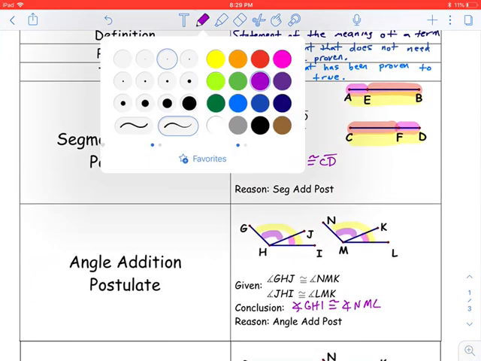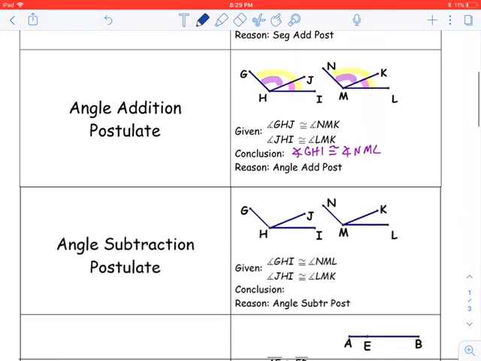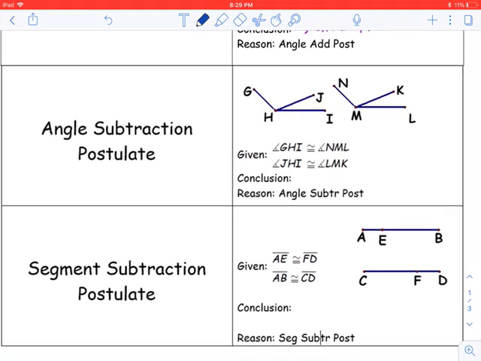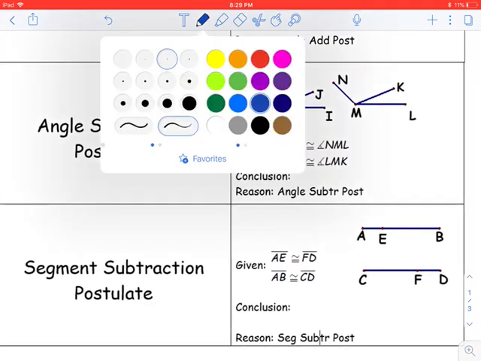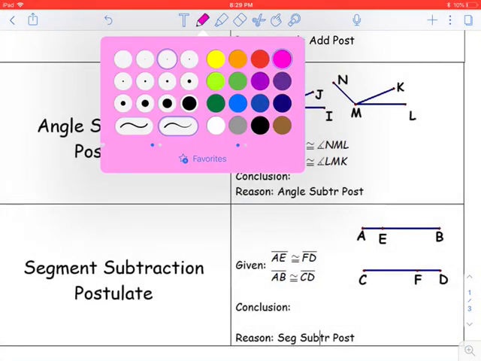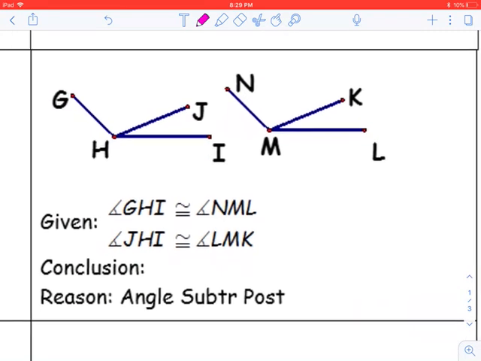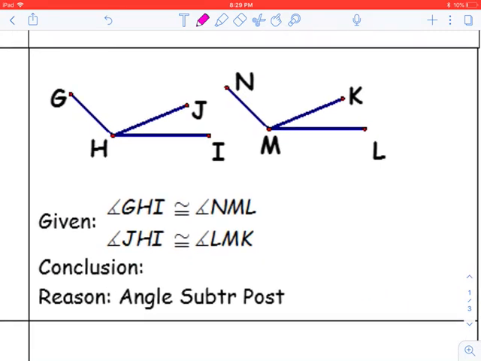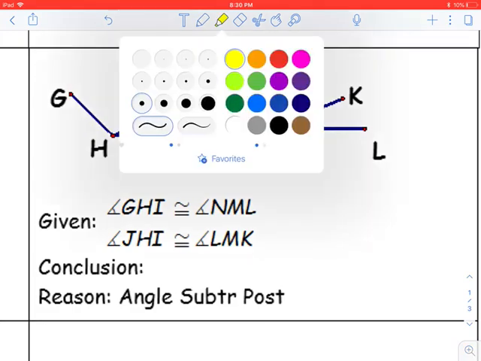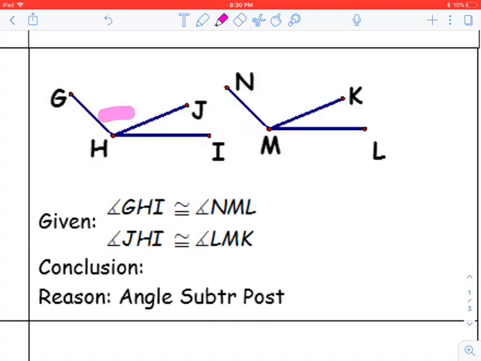Okay, so on the next one, now we're talking about subtraction. So we're probably going to have the whole thing, and we want to go ahead and find what's left. So for the angle subtraction postulate, the given is GHI, so the whole thing here, I'm going to go ahead and use a highlighter again. So GHI is the whole thing, congruent to NML, the whole thing over here.